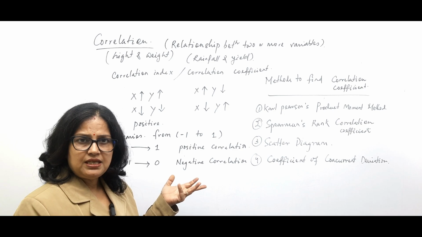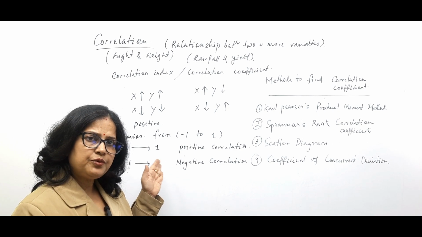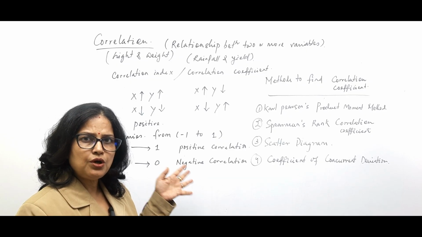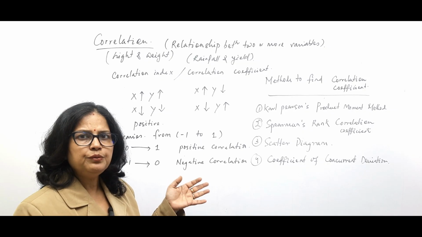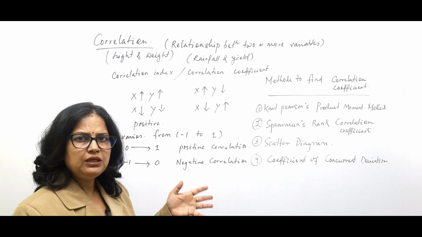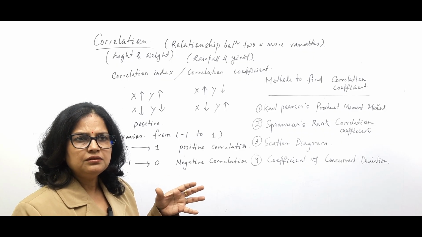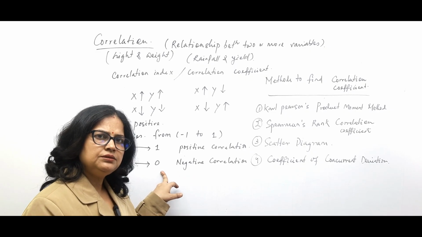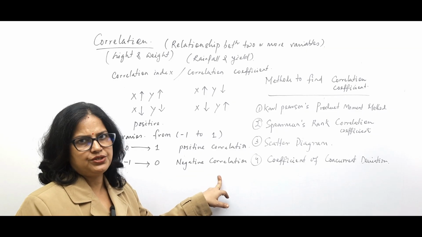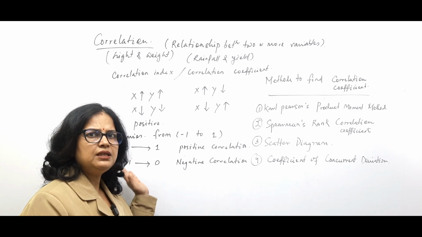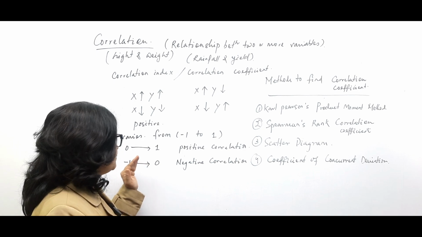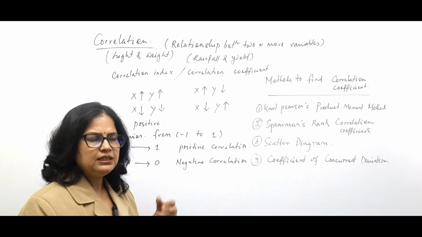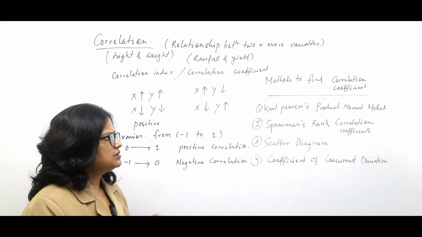Similarly, -1 to 0 is negative correlation. If it is very close to -1, then it is strongly correlated. If it is close to 0 but negative, then we say it is weakly negatively correlated. That we can discuss when we discuss the examples.